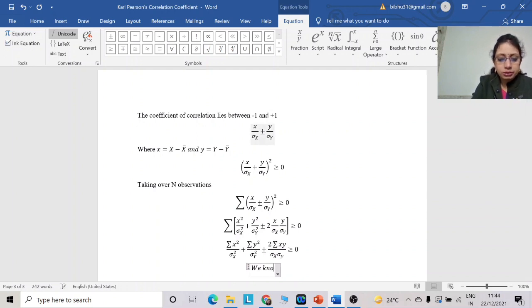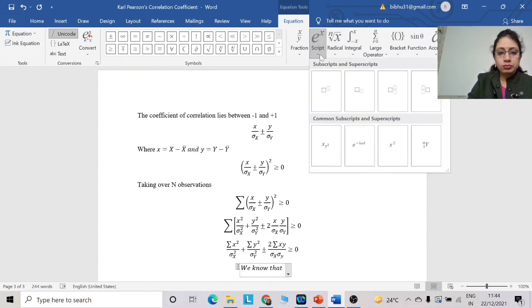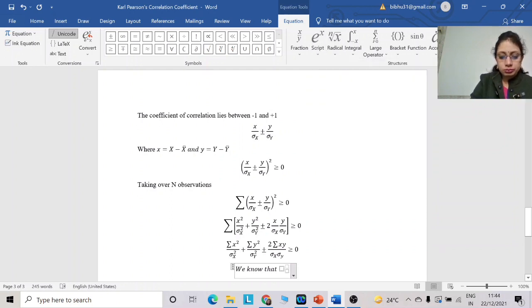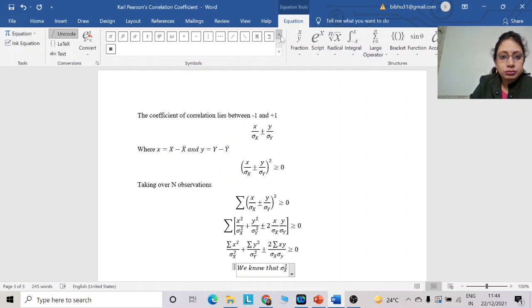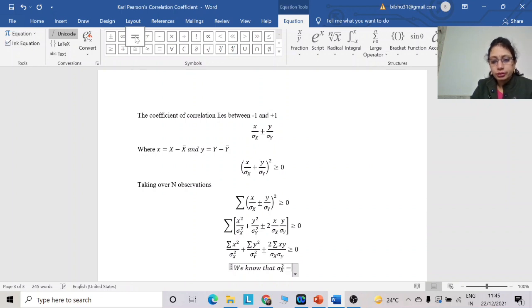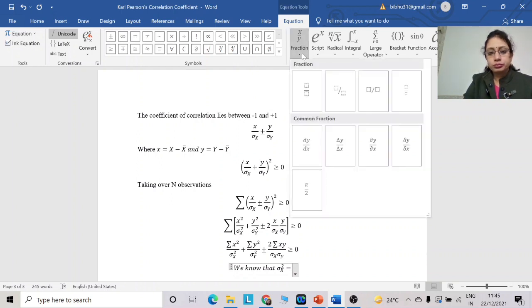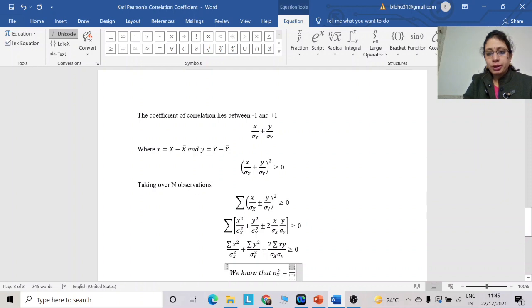So we know that standard deviation of x square can be rewritten as summation of x square by n.